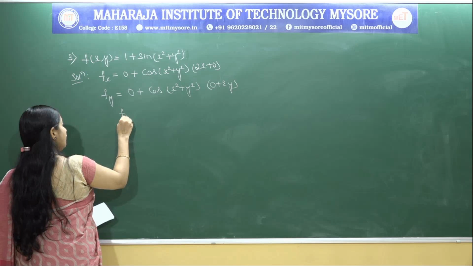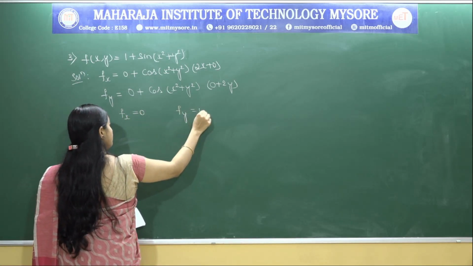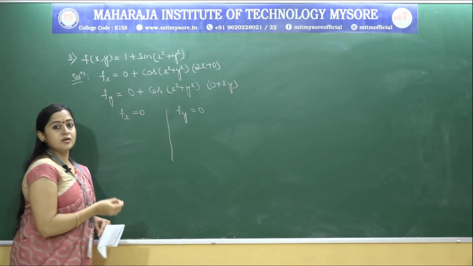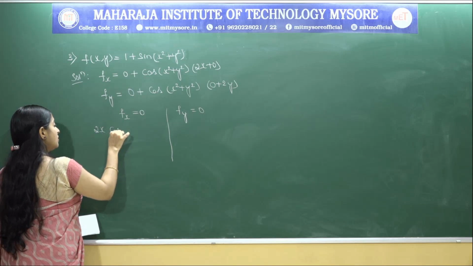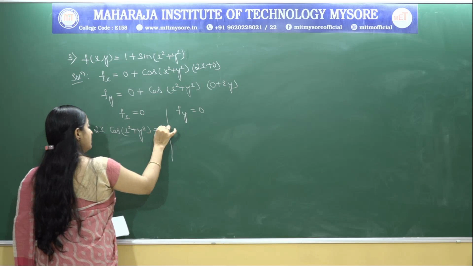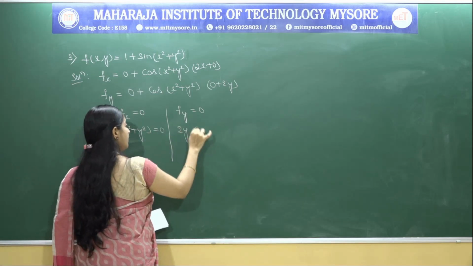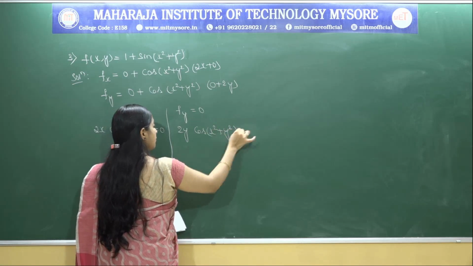So the first term fx equals 0 and the fy term equals 0. The first part is 2x cos of x square plus y square equals 0. Similarly, 2y cos of x square plus y square equals 0.